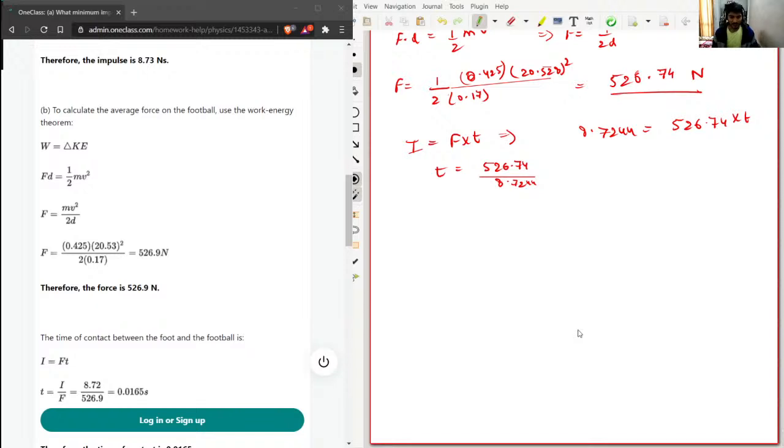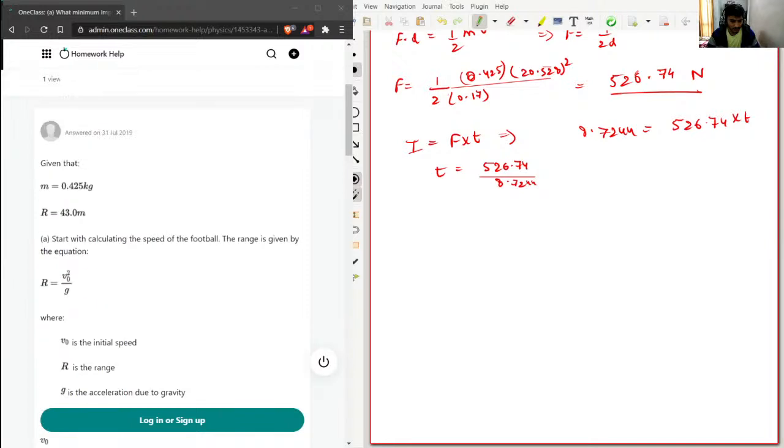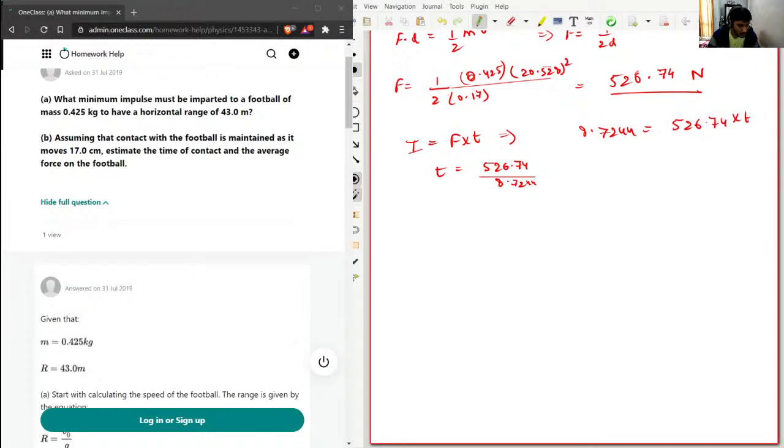Basically why we are calculating this impulse, because impulse is nothing but force into time, and with this we can find the time of contact and the average force. This was the force 526.74 newtons, and the average time of contact we are calculating by this.